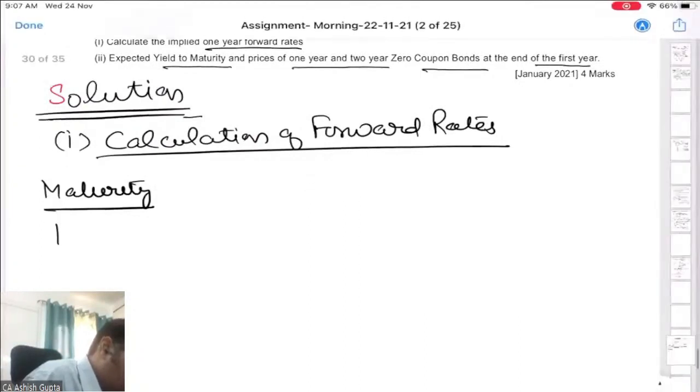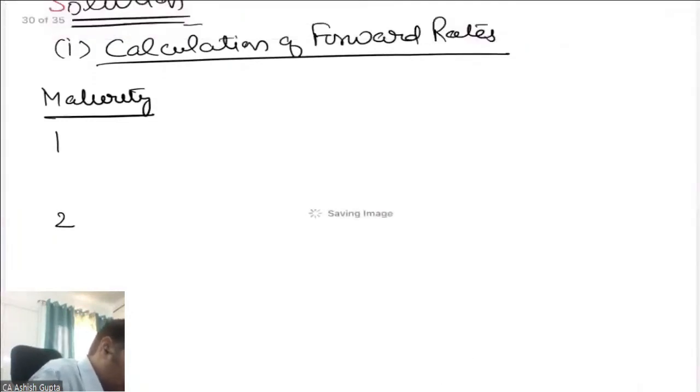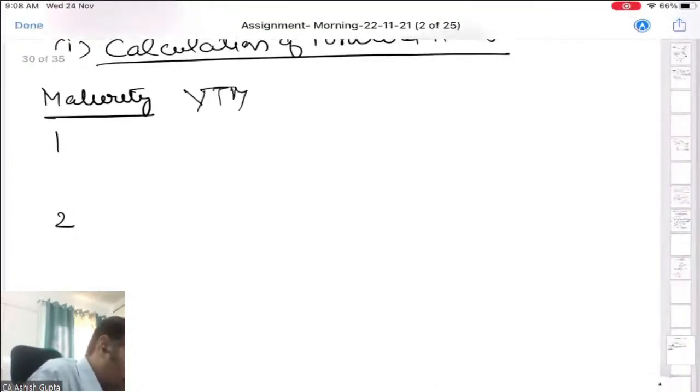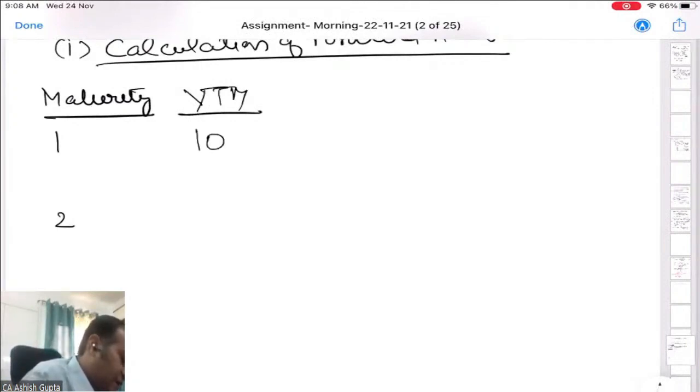Here I write maturity, then YTM. Okay, students, now YTM here is 10, 11, 12. We shall compute present value factors.